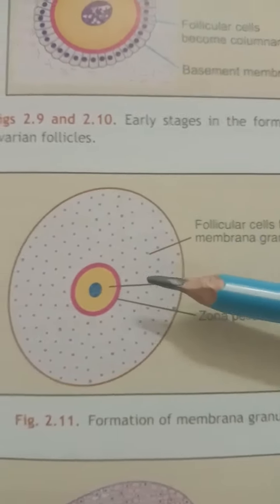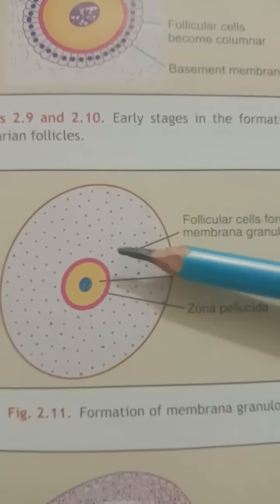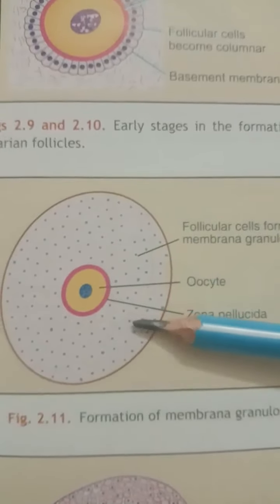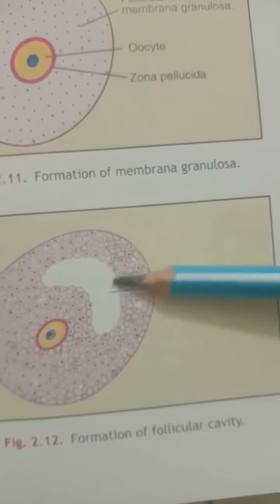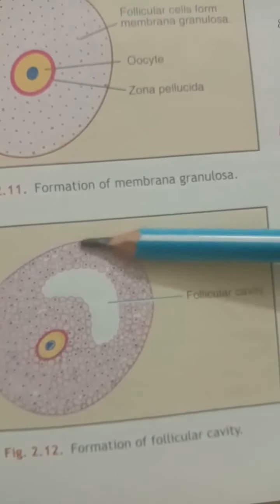Then a cavity is formed within the membrana granulosa. In this diagram you can see that a small cavity is formed.